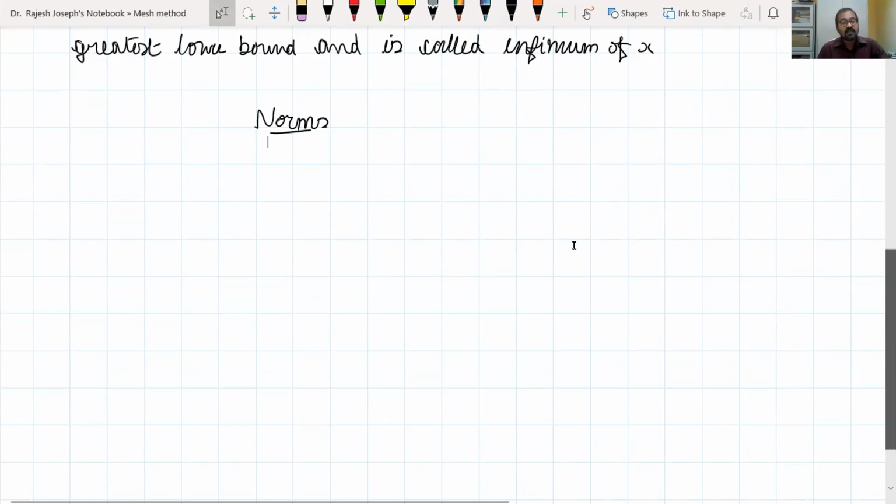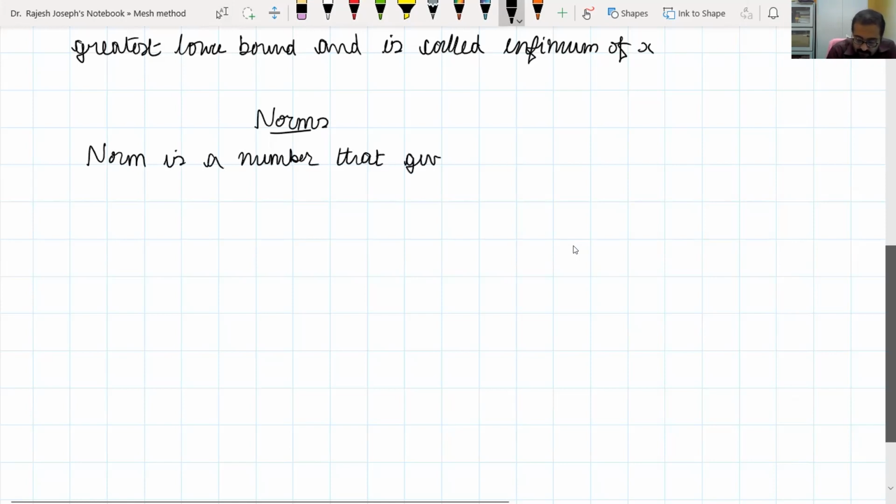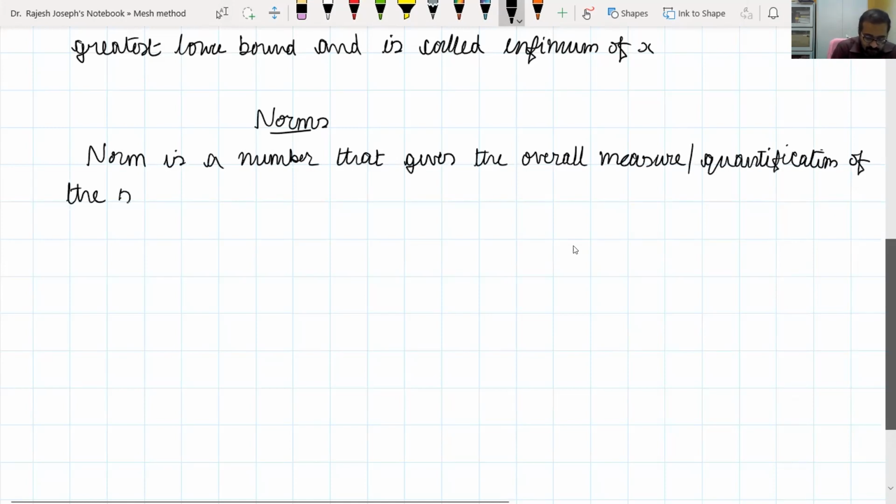Norm actually is a number that gives the overall measure or quantification of the size of a vector.